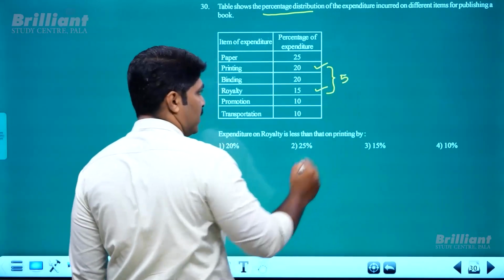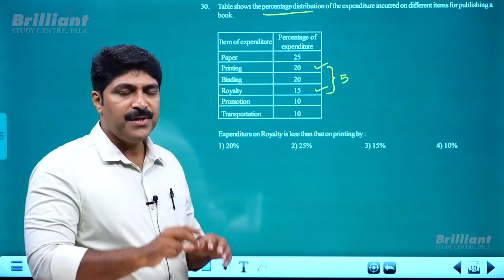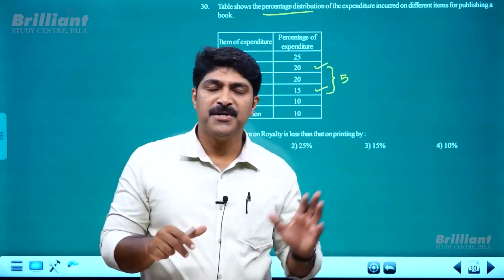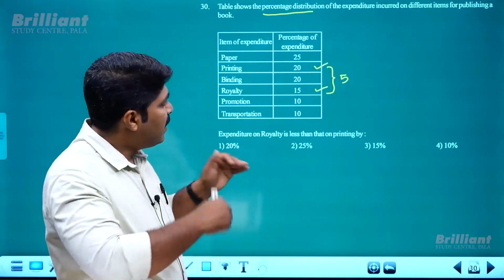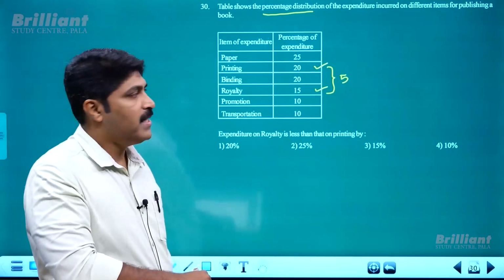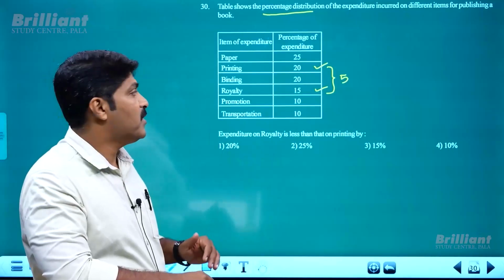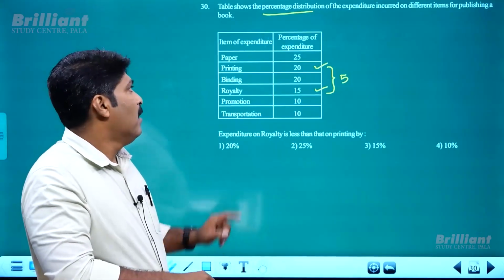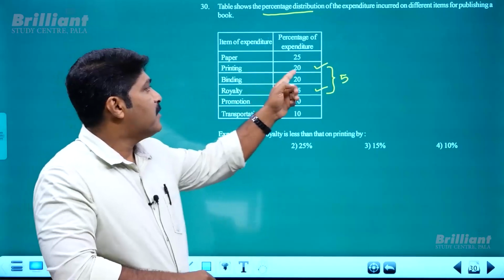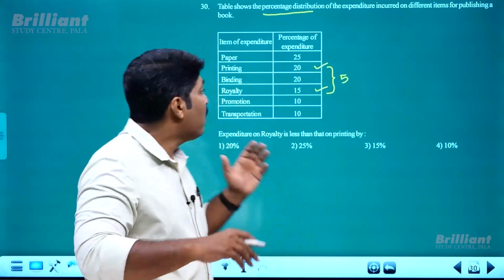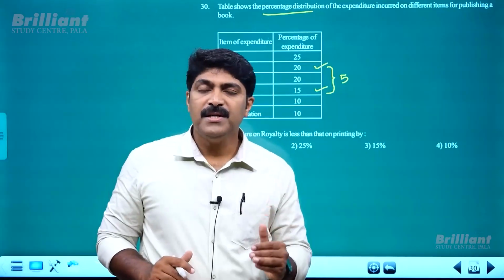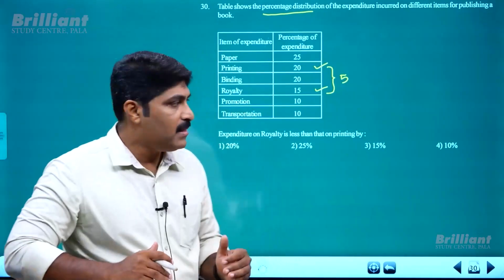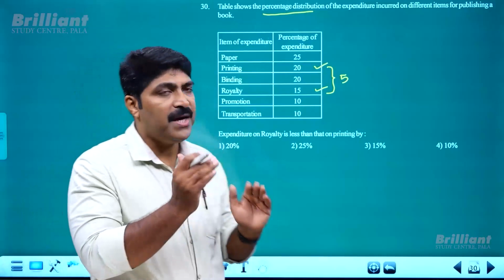That is 5%. Or suppose you are considering the total cost of this publishing process as 100 rupees. So these are the different amounts we are spending in each head. In such a situation, printing costs rupees 20 and royalty costs rupees 15. So this royalty's cost is less than that of printing by simply 5 rupees.